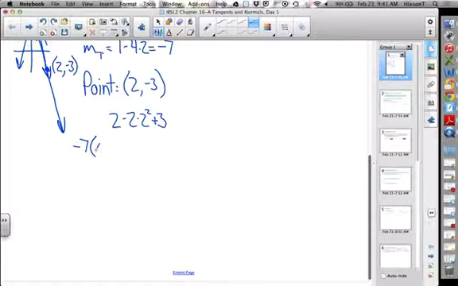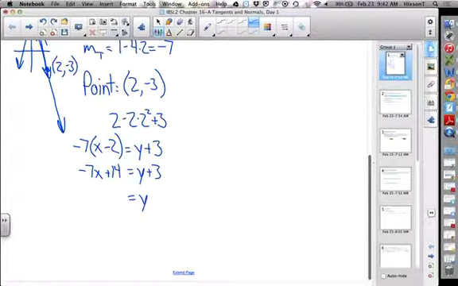You use point slope form: y minus negative 3 equals negative 7 times x minus 2. Negative 7x plus 14. So y equals negative 7x plus 11. That is the tangent line.